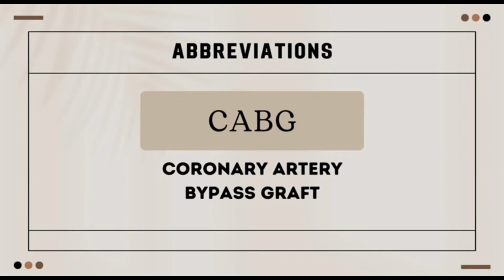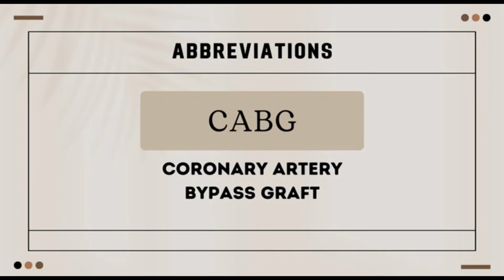Next in line, the abbreviation for coronary artery bypass graft, or CABG. CABG comes from the medical procedure itself. Coronary refers to the heart's coronary arteries, which supply blood and oxygen to the heart muscle.